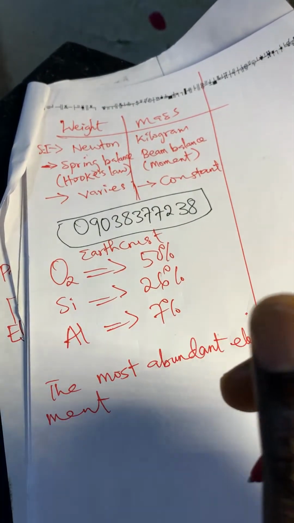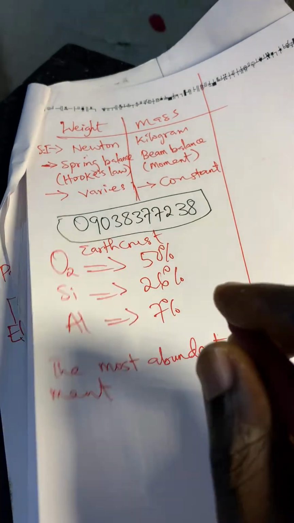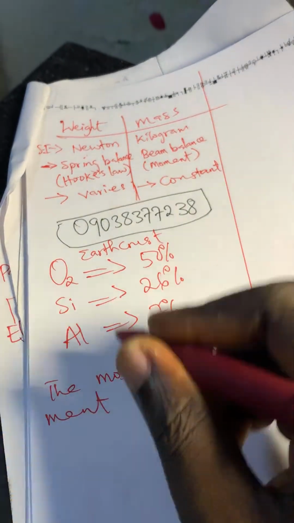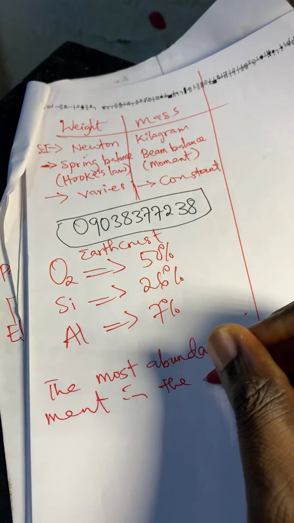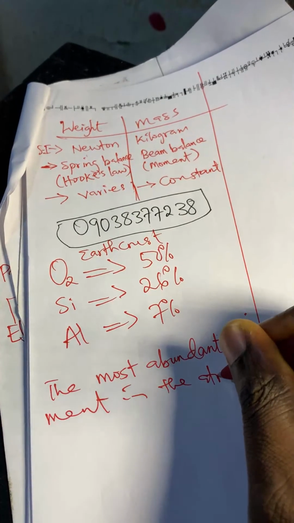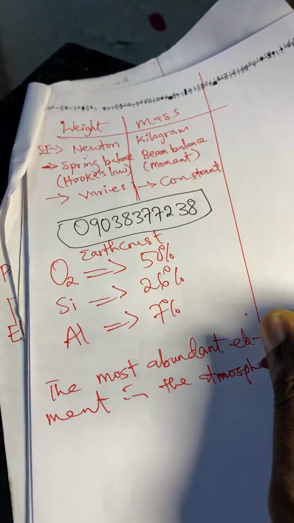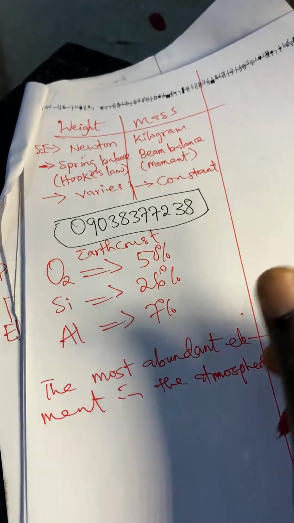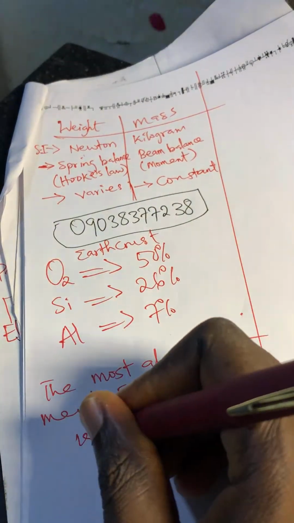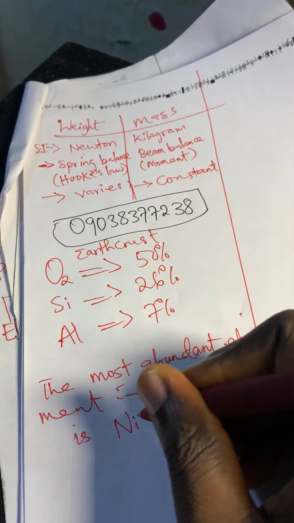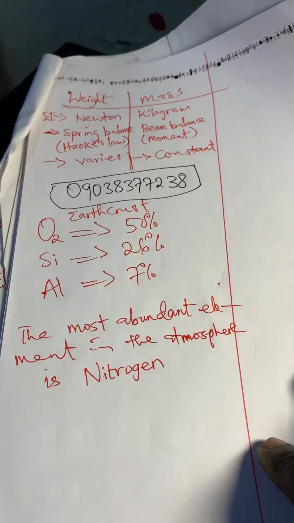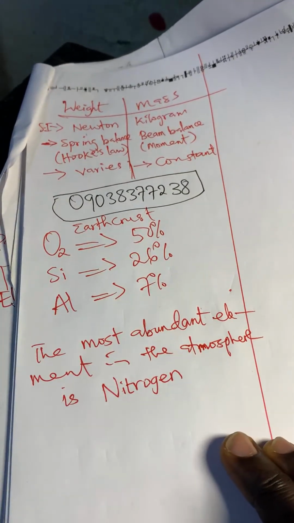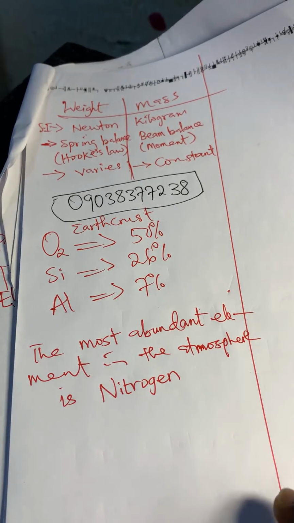I repeat, the most abundant element in the atmosphere. Let me just put it down. Atmosphere: nitrogen. I hope you are seeing my handwriting. That is the most abundant element in the atmosphere. So take notes. It is nitrogen.